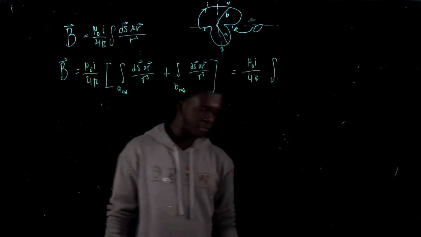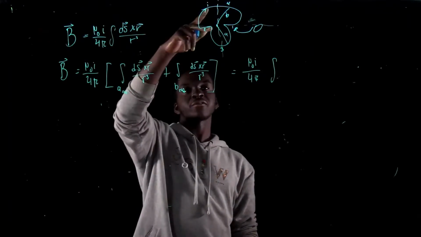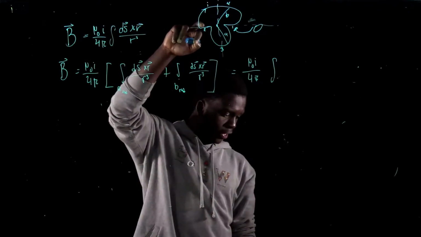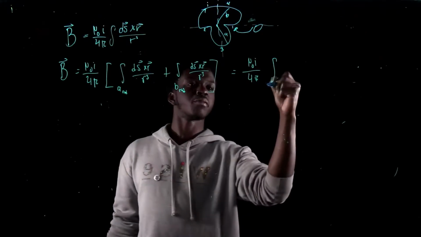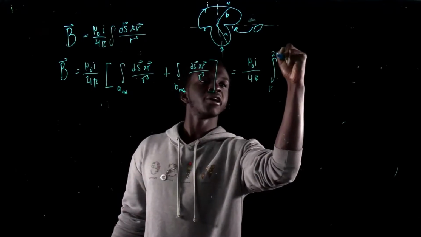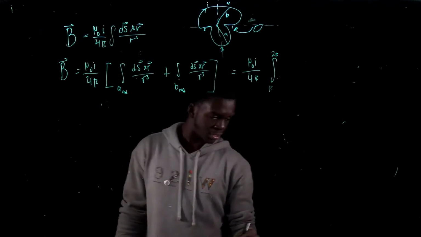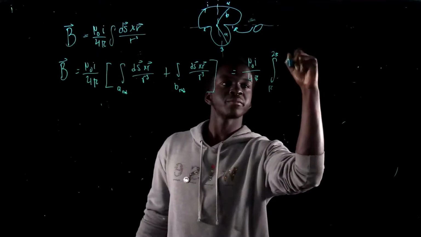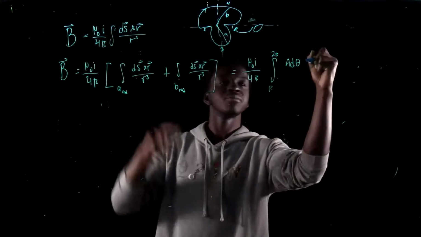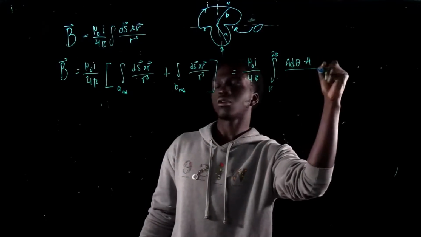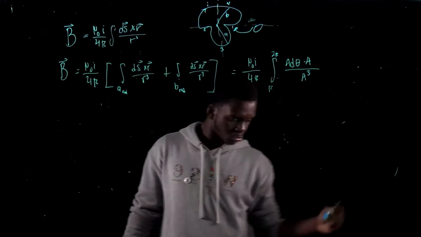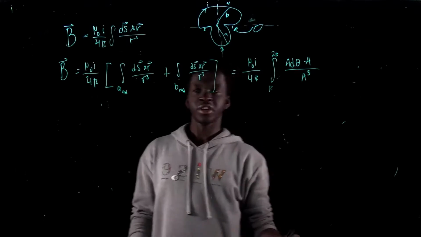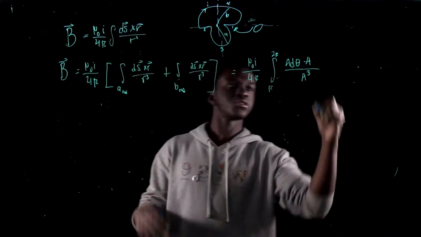I guess it could be whatever, but I'm going to take it from pi to 2 pi. And then ds is going to be r d theta, which is a d theta, times r, which is a, all over a cubed. And the direction of this is going to be into the page.